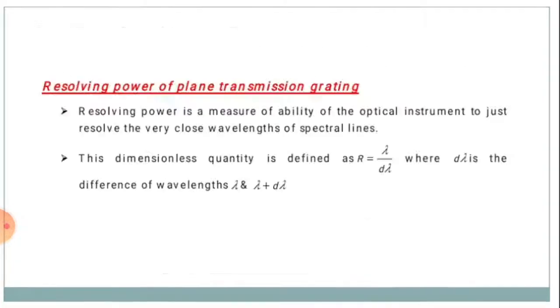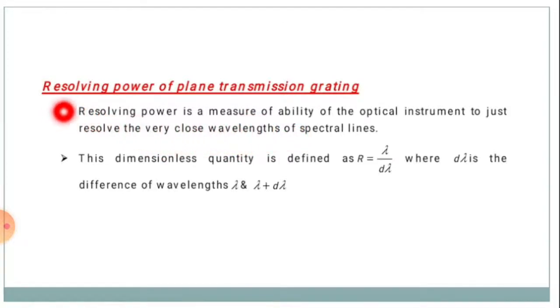Now we will discuss the resolving power of a plane transmission grating. The resolving power is an important property of a diffraction grating. It is the grating's ability to separate adjacent spectral lines of two nearby wavelengths lambda and lambda plus d lambda.